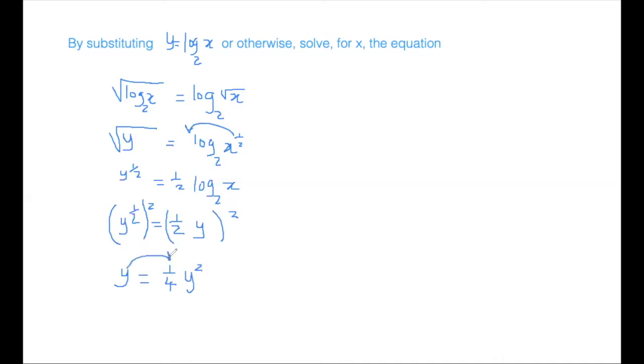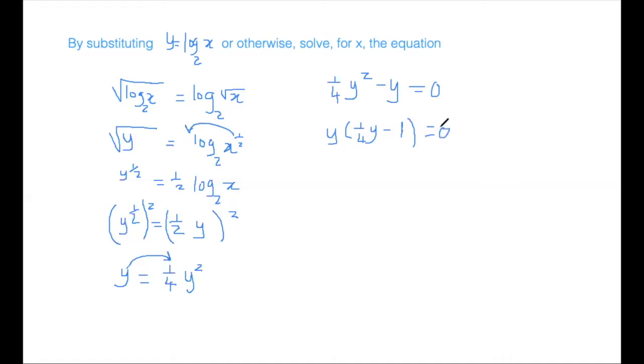Now I'm going to carry the y over the equal sign. So what do I have? I have a quarter y squared minus y equal 0. So now to solve, I factor out y because y is common. So I'm left with a quarter y minus 1 equal 0.